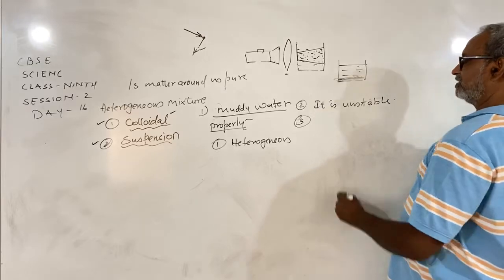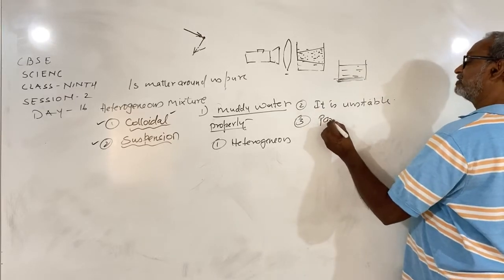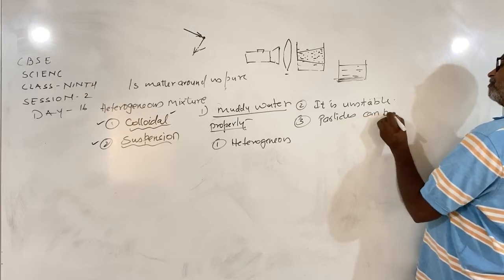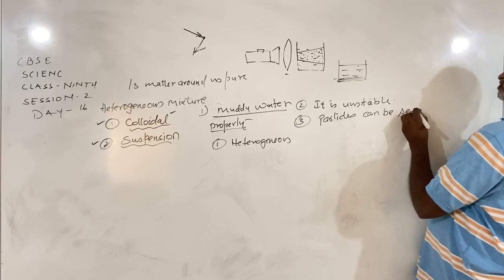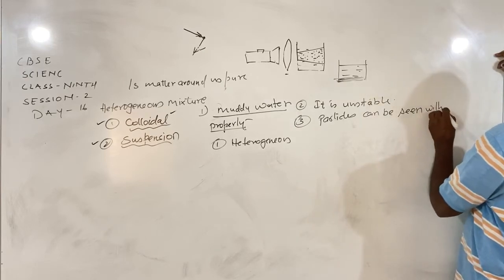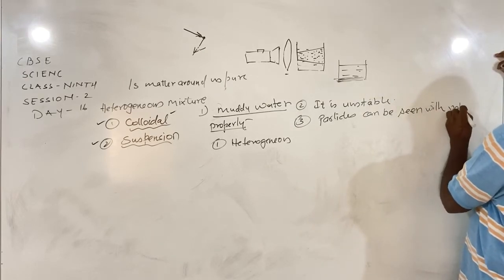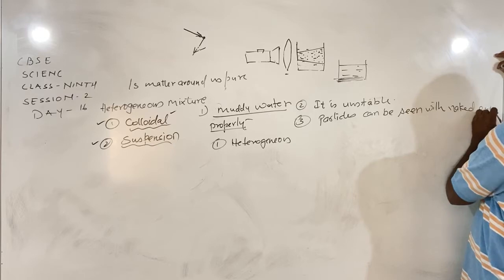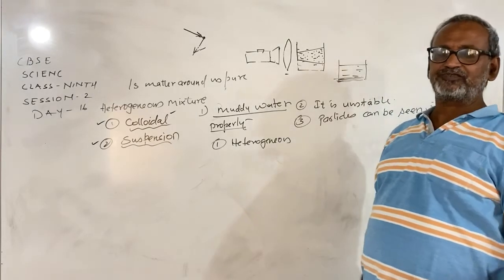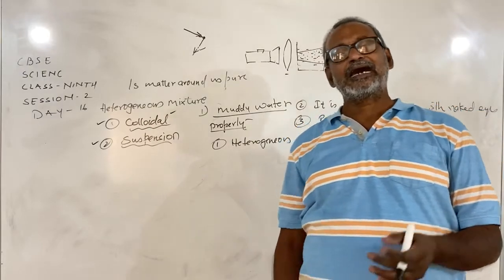In a suspension, particles can be seen with naked eyes. The particles of the dispersed phase in a suspension are visible to us.